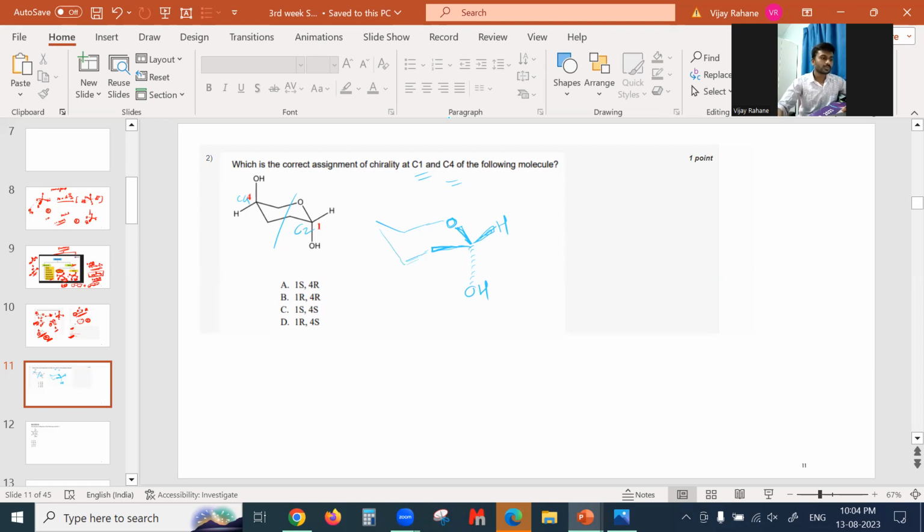In this one, if we give the numbering, this oxygen which is attached to the carbon atom has the highest priority. So we'll give the number 1 to this one. The second number will be the hydroxy group, and third will be this CH2 chain, right?